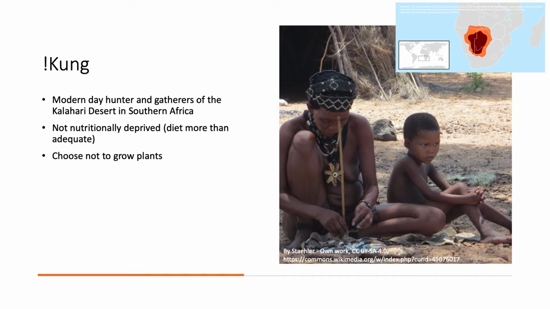They are the modern day hunter-gatherers of the Kalahari Desert, and researchers have looked into their diet, because you might think that because these people are continuously moving and hunting and foraging, they might not have enough resources or good nutrition in their diet. But actually, they found that these people are not nutritionally deprived, and their diet is more than adequate. They have just chosen not to grow plants. This is a very interesting result.